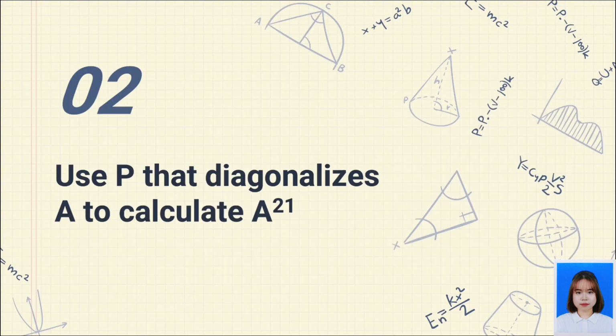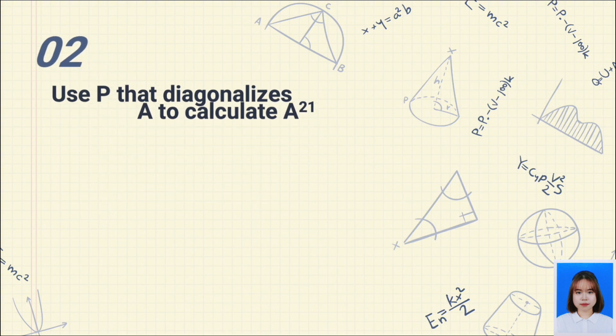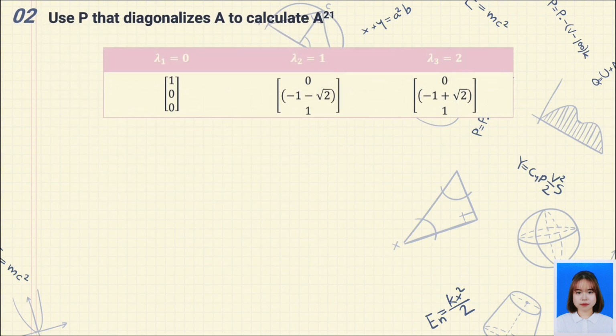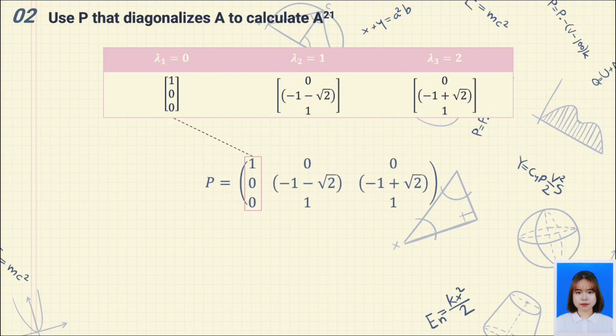Question 2. Use P that diagonalizes A to calculate A to the power of 21. To find P, we can use the eigenvectors we found just now. We put the eigenvector of lambda 1 into column 1, the eigenvector of lambda 2 into column 2, and the eigenvector of lambda 3 into column 3.